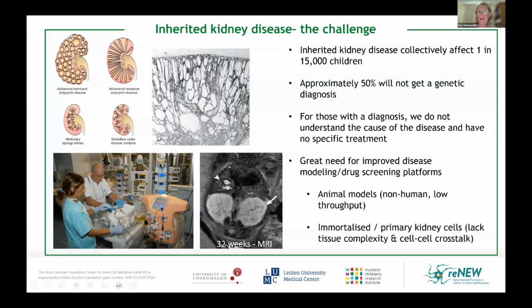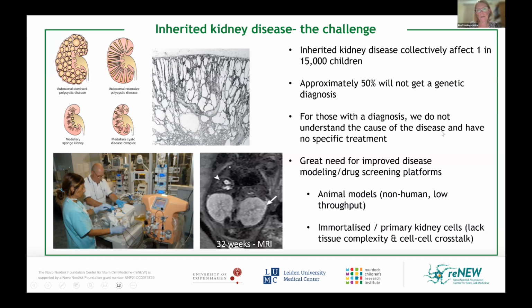But there are actually many inherited kidney diseases caused by different gene mutations. 1 in 15,000 children born has some genetic defect that's going to give them kidney disease. And for half of them, we won't get a genetic diagnosis. And even with a diagnosis, it's really not going to impact the options for treatment. This will still be transplantation or dialysis. So there really is a great need for the development of new treatments.